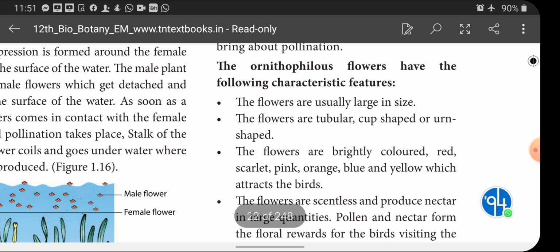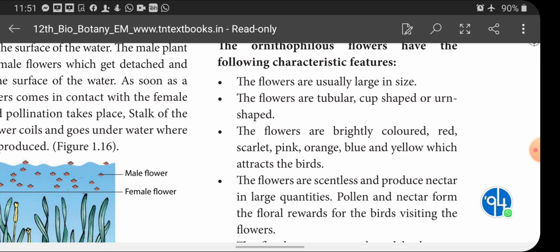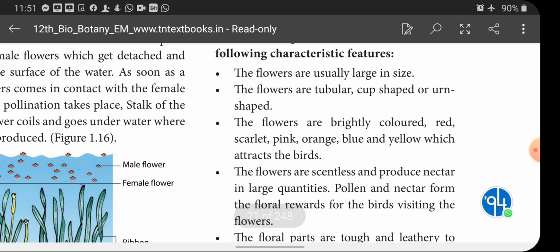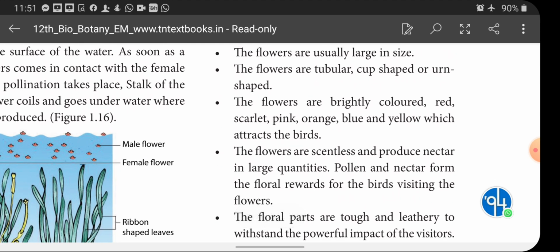Flowers are tubular, cup shaped or urn shaped structures. The flowers are brightly colored, red, scarlet, pink, orange, blue and yellow, which attracts the birds.